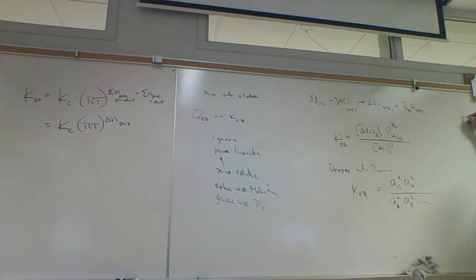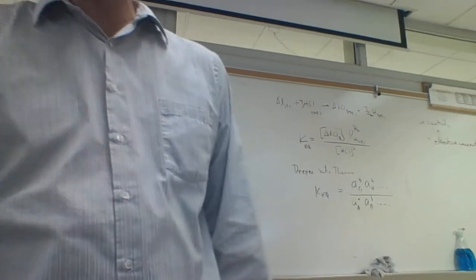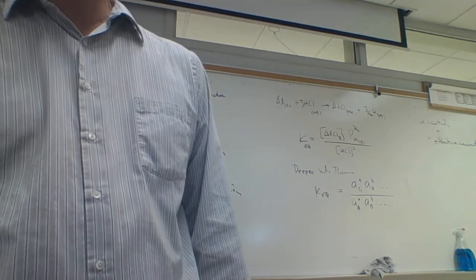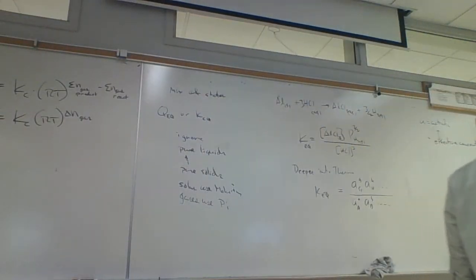What activities are, A is equal to the activity, these are what we call the effective concentration. The effective concentration: sometimes the solute particles like each other. Sometimes there are some favorable interactions, intermolecular attractions between them.